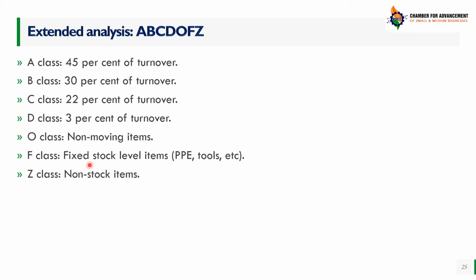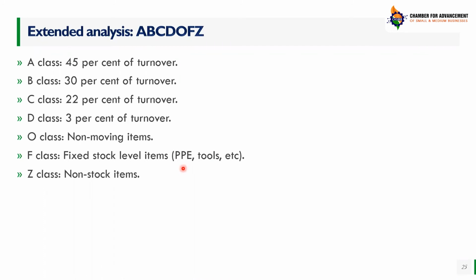Then F class items, like fixed, non-fixed stock level items. So typically PPE, that is personal protective equipment, like the aprons, hand gloves, hair nets, etc. So PPE kit is a very popular term nowadays because of the COVID. So all those items which they wear under the name of PPE kit, basically, these are fixed item levels you have to maintain.